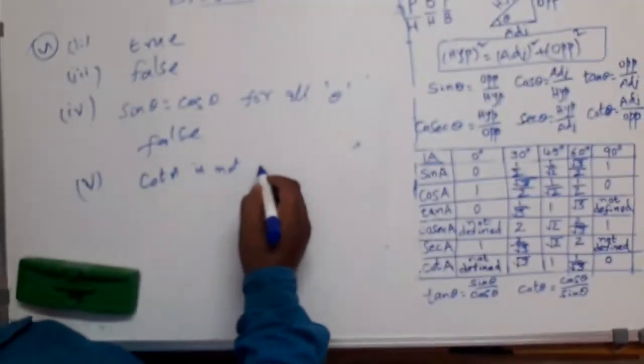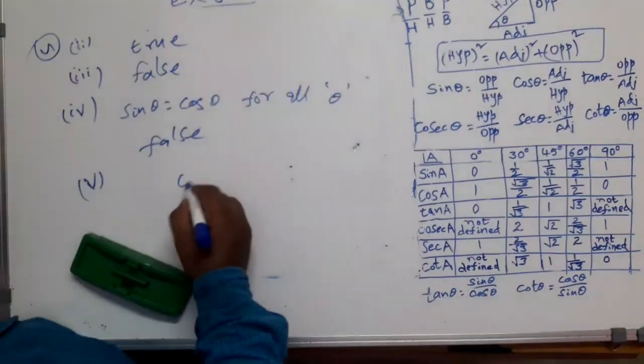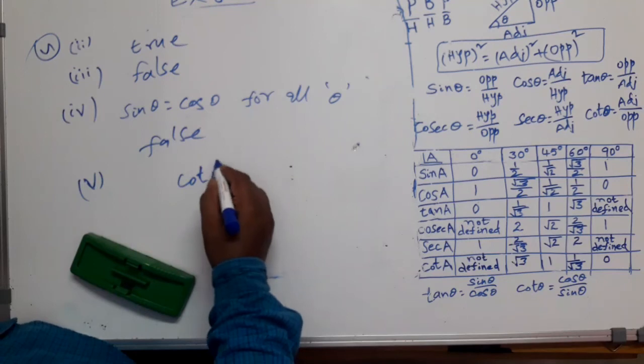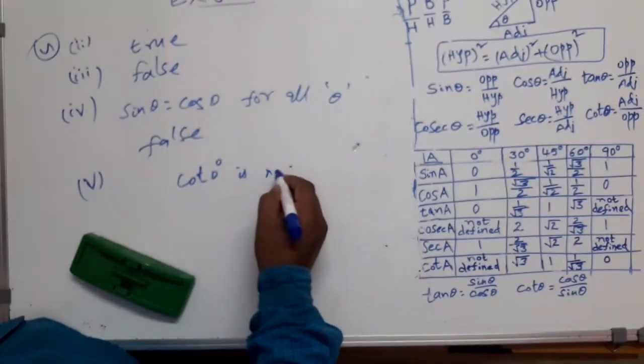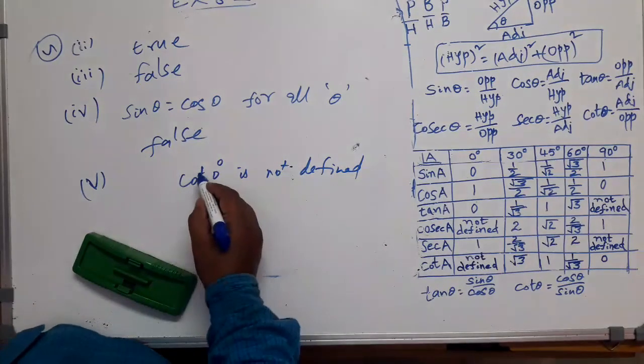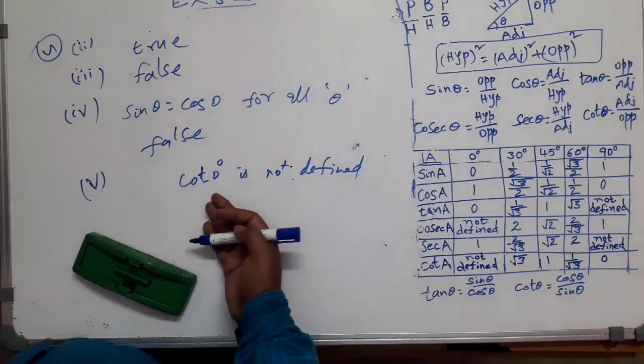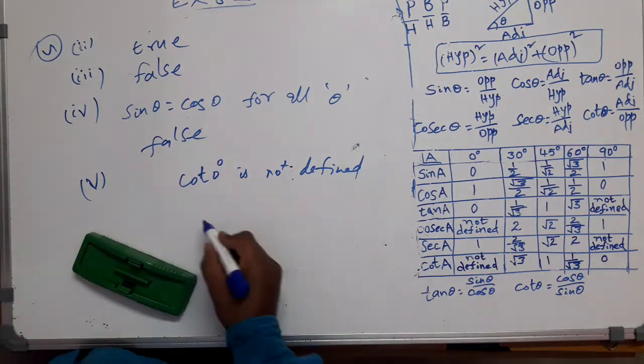Part 5. Cot A is not defined for A is equal to 0. That is cot of 0 degrees, right? Cot of 0 degrees is not defined. That's what he is saying. Is it not? Yes, we know cot 0 degrees is reciprocal of tan 0, or cos 0 by sin 0.